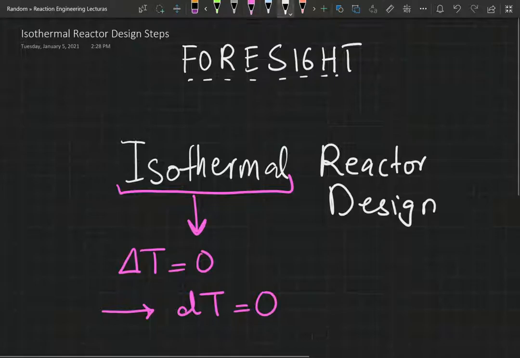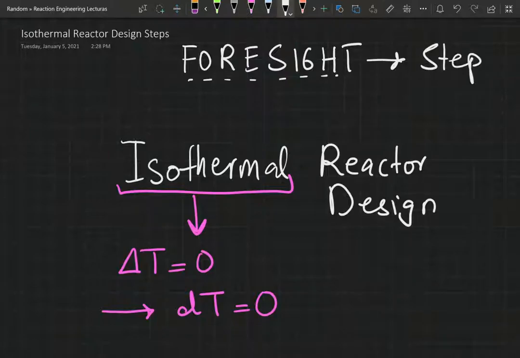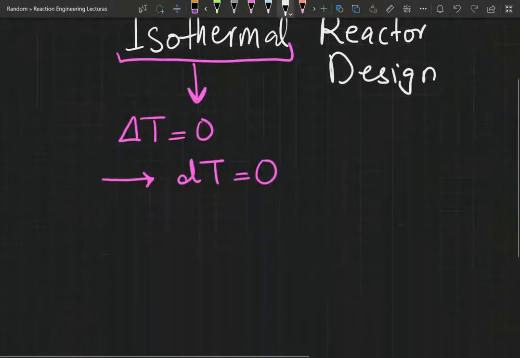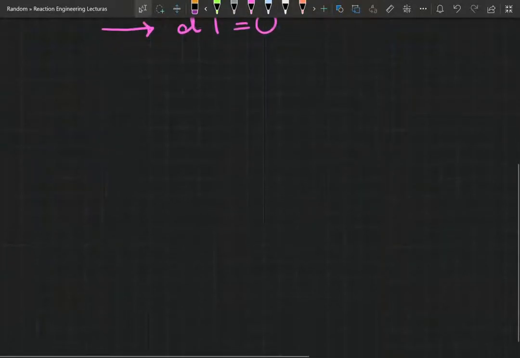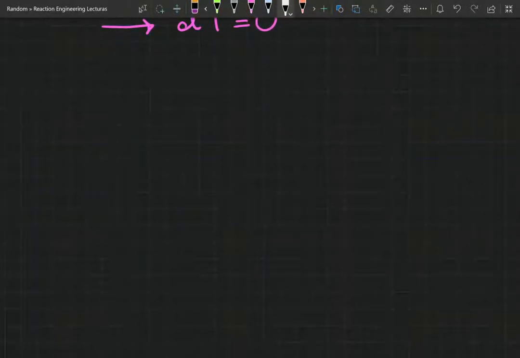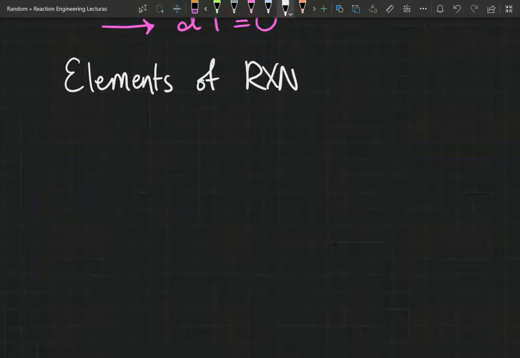By foresight, I mean I'm going to go over all the steps. In the upcoming videos, we shall explore each and every one of these steps one by one. Just so you can all follow, I'm still using Elements of Reaction Engineering by H. Scott Fogler as a textbook, and the one that I have is the 5th edition.